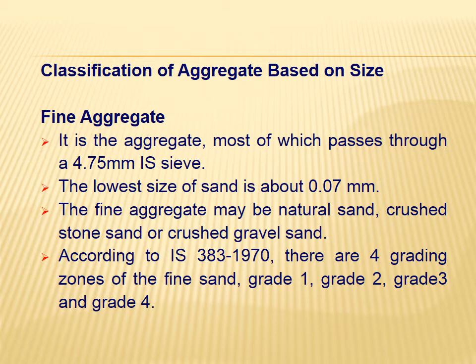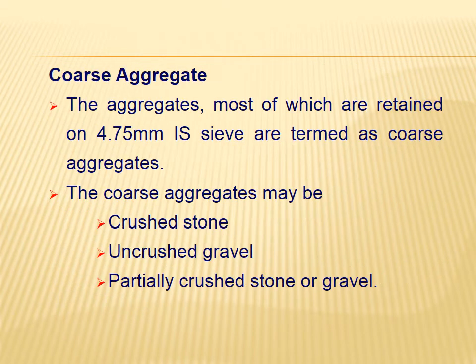Fine aggregate passes through a 4.75 mm IS sieve. Depending upon the zone, it can be classified into grade 1, grade 2, grade 3. Generally, fine aggregates are classified into natural sand and crushed stone sand. Coarse aggregates are crushed stone and uncrushed gravel, which are retained on a 4.75 mm sieve.